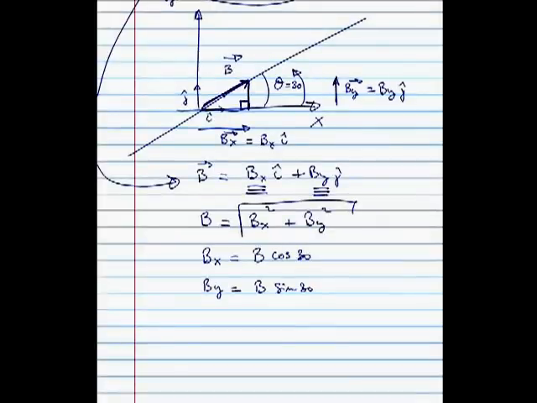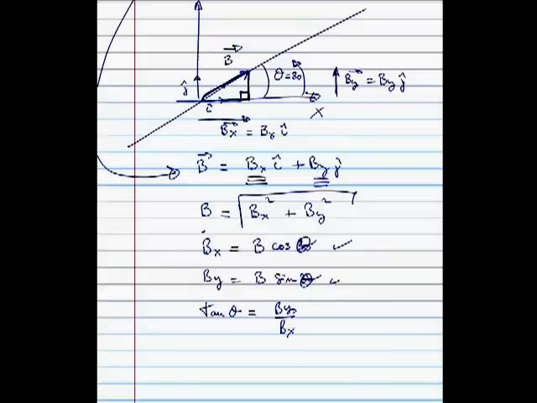And the last relationship is obtained by taking this equation and dividing by this one, and we end up with tangent theta is equal to by over bx, which we can use in order to find a relationship between theta, bx, and by.